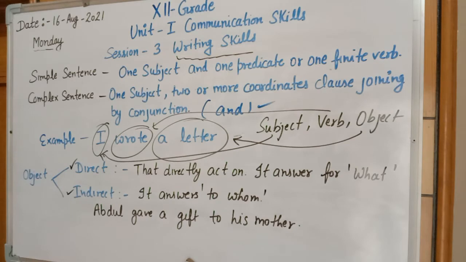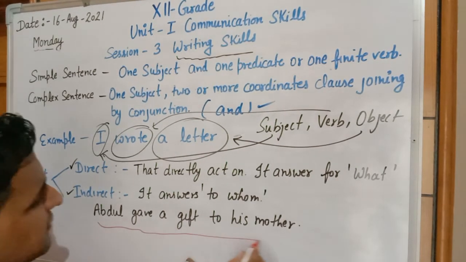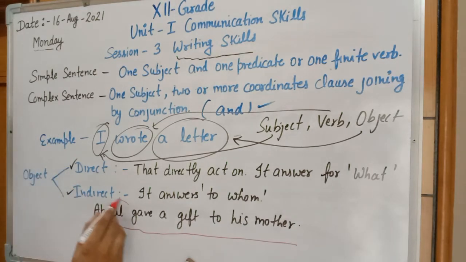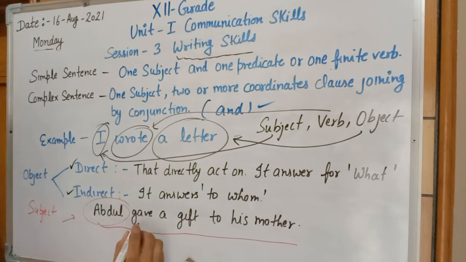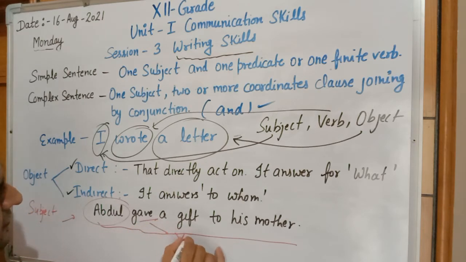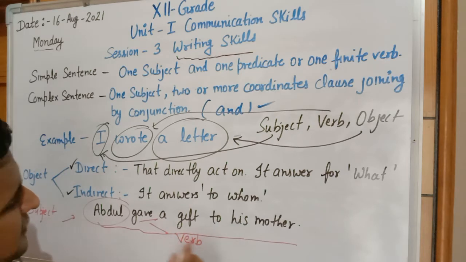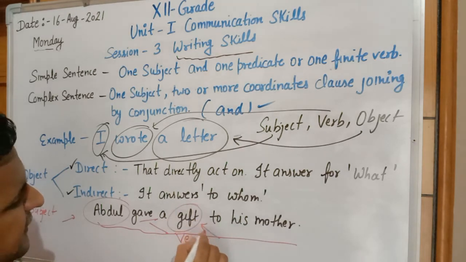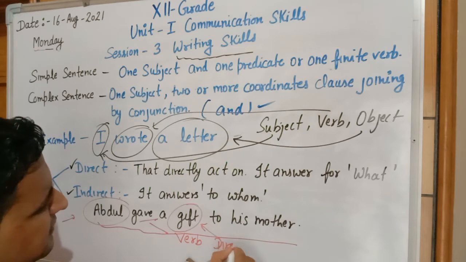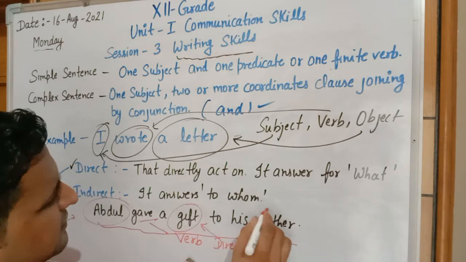Now see the statement. As per the statement it is written, Abdul gave a gift to his mother. In this, Abdul is known as the subject. Gave is a verb. Now what is given? Gift. Gift is a direct object, and to whom is it given?